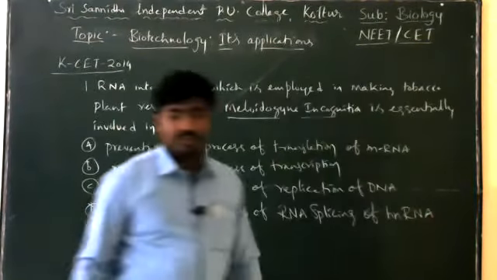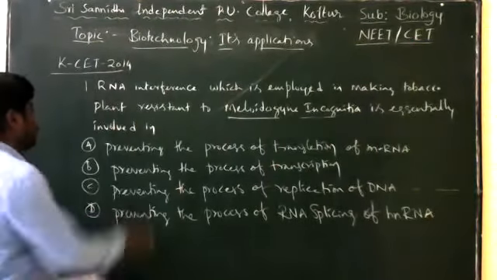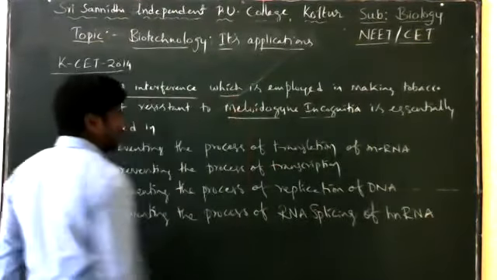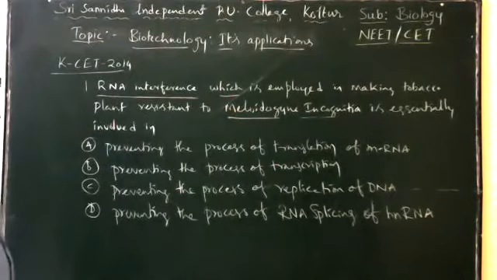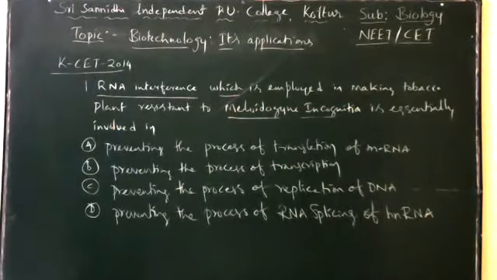So these are the options given for this question. RNA interference, which is employed in making a tobacco plant resistant to Meloidogyne incognita, is essentially involved in which process here? So what is RNA interference?